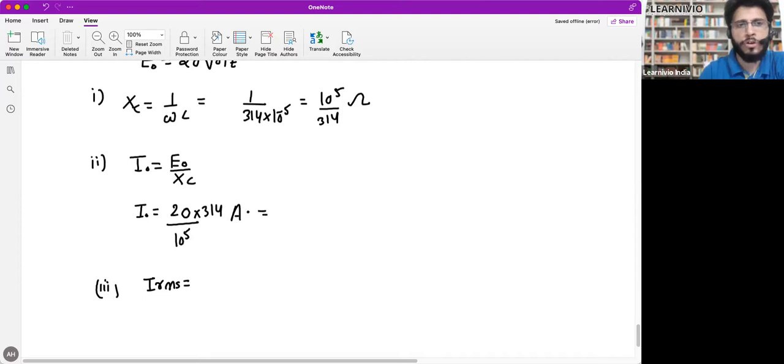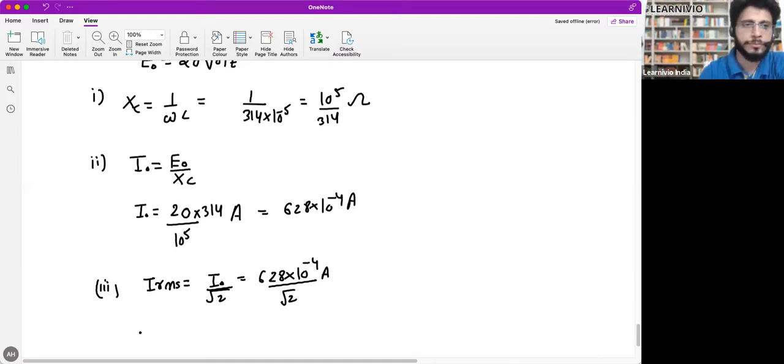Or if you want, you can write this as 628 into 10 raised to the power minus 4 ampere. I RMS is I naught over root 2, or you can write this as 0.707 into I naught. That's your choice. So that is 628 into 10 raised to the power minus 4 over root 2 ampere.